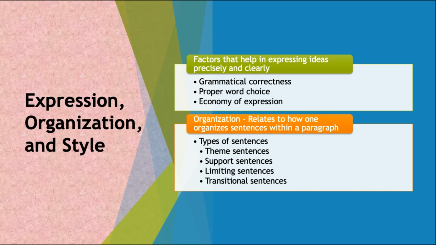Consider the following example: the experimenter recorded how fast each rat ran the maze with a stopwatch. In this example, the writer's intention was to say that the experimenter used a stopwatch to time the rat's running speed. Instead, you get the image of the rat running the maze while holding a stopwatch.